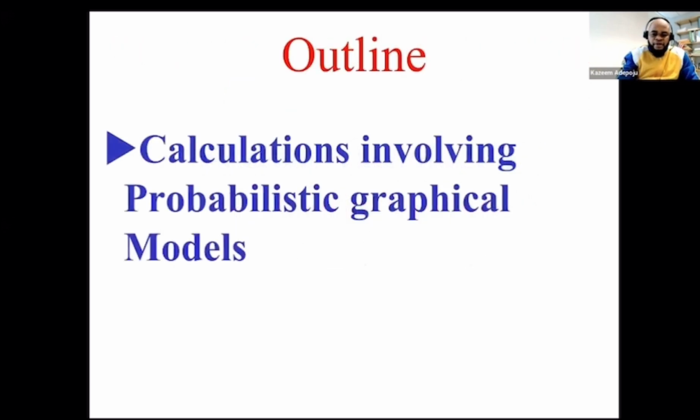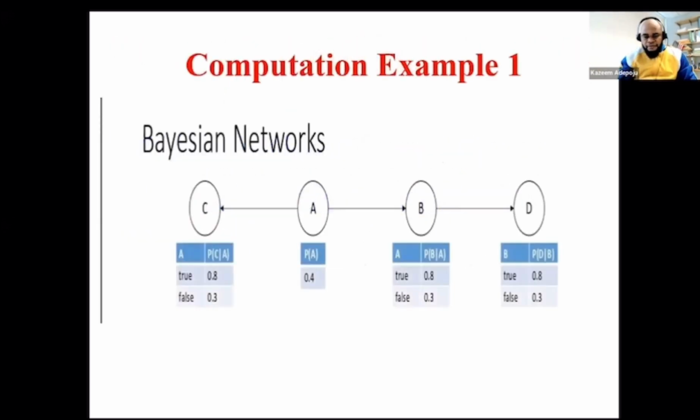Okay, so I'm going to go to this network example one. Just like the way I demonstrated in class, what if you want to find the probability of B given A complement? If you look at the network, you're going to see that B depends on A. You can see the direction of the arrow.